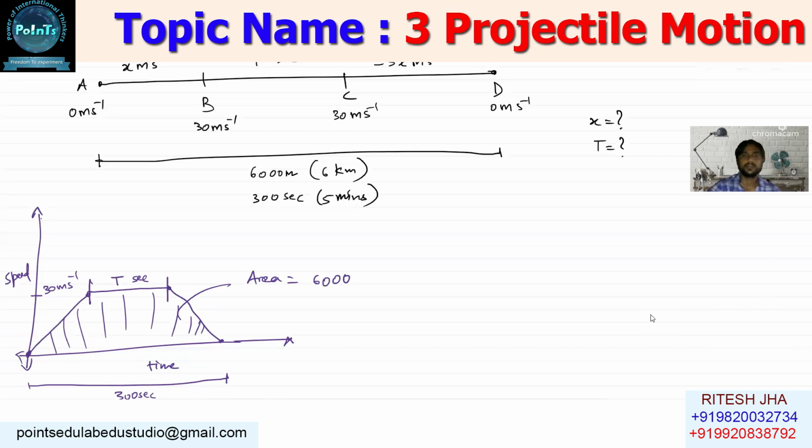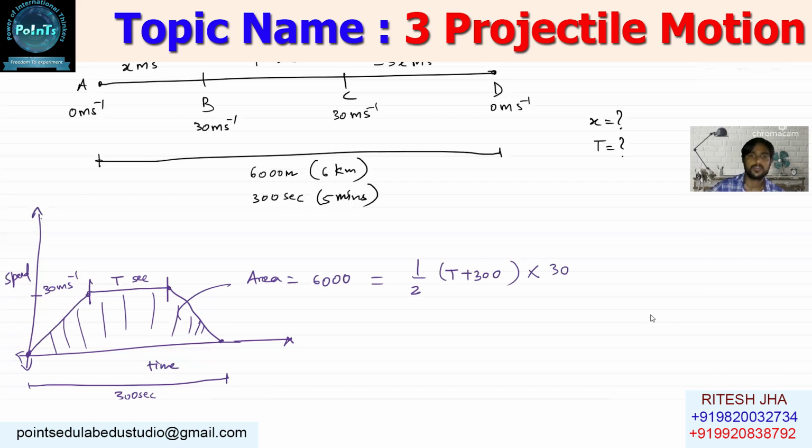You're getting it? But what is the area of trapezium? Half into sum of parallel sides into height, isn't it? What are the parallel sides over here? t and 300. Perfect. So t plus 300 into the height. What is the height over here? 30 meters per second.